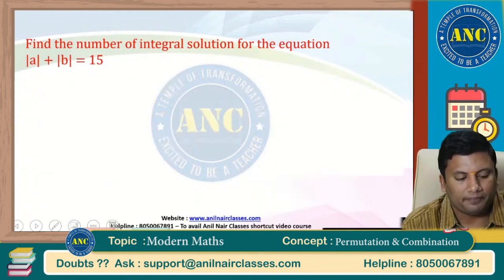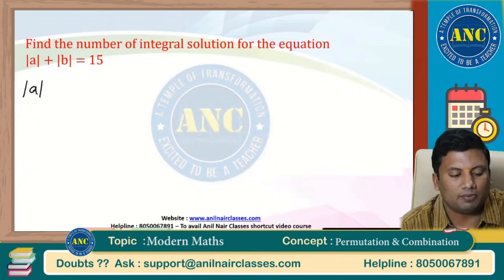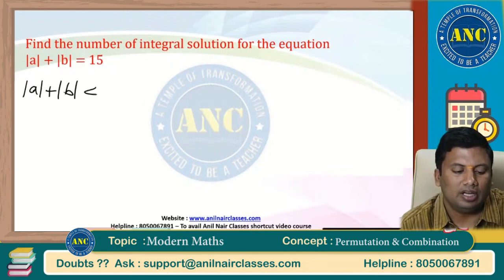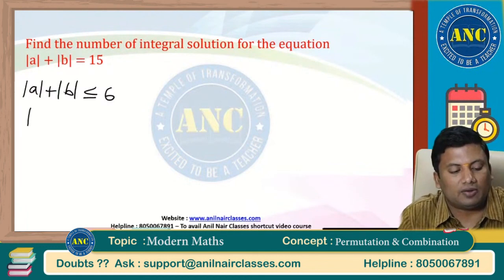One more model. |a| + |b| is less than or equivalent to 6.